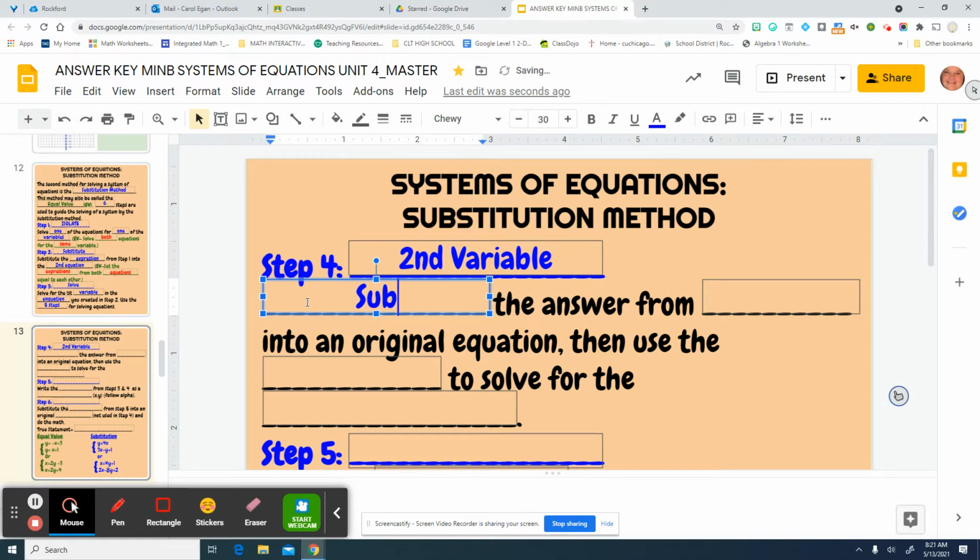And here we substitute the answer that we just got in step 3 into one of the original equations in the system. Then we still use the 5 steps to solve for the second variable.